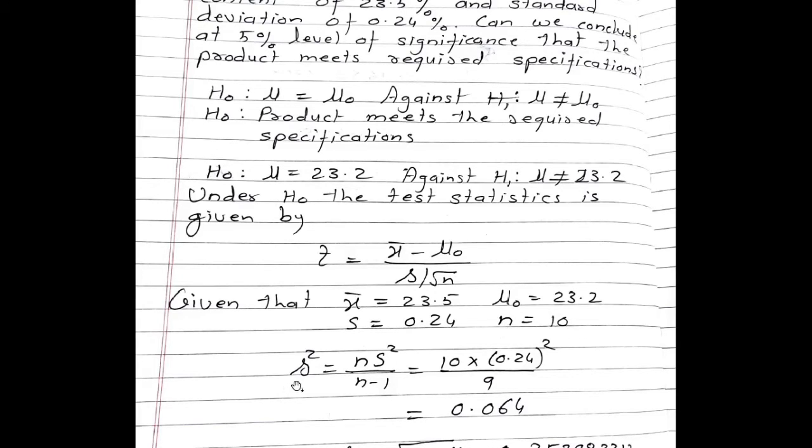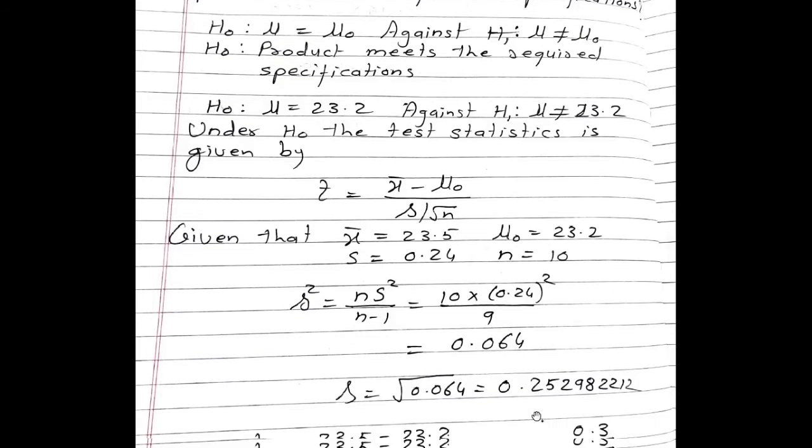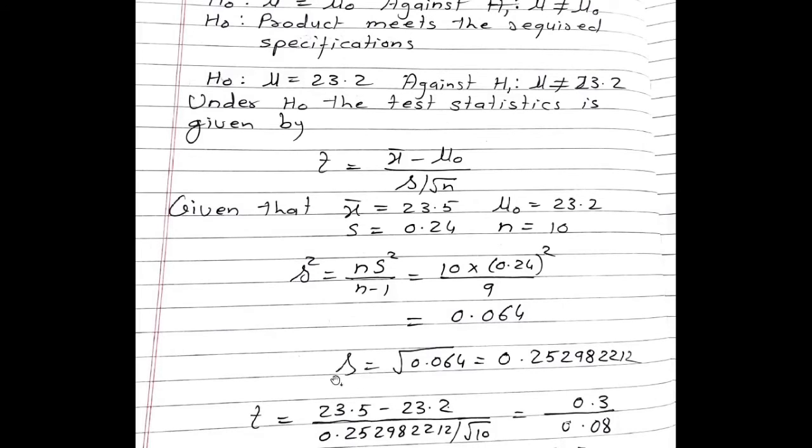So we have to find small s square as n into capital S square upon n minus 1, which is equal to 10 into 0.24 square upon 9. The value is 0.064. We will take the square root because we want small s. Small s is equal to square root of 0.064, which is 0.252982.